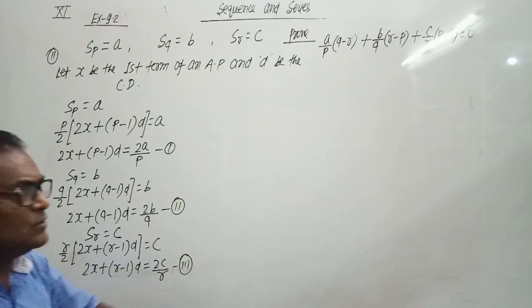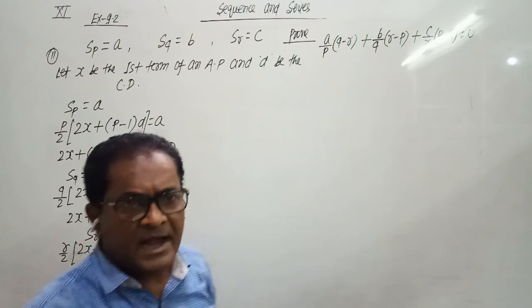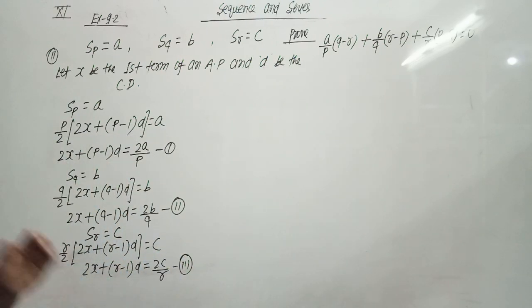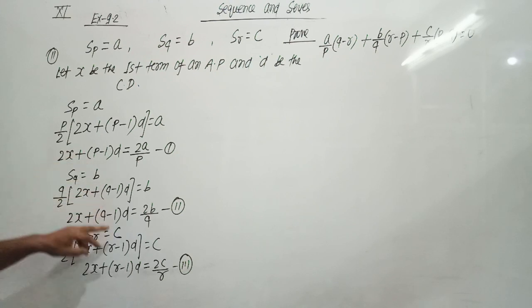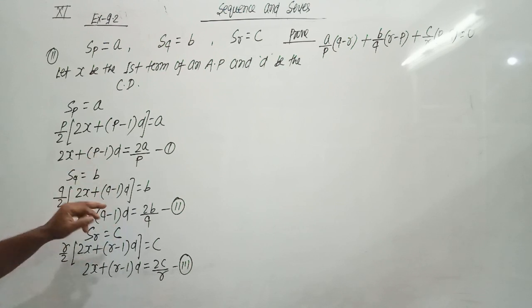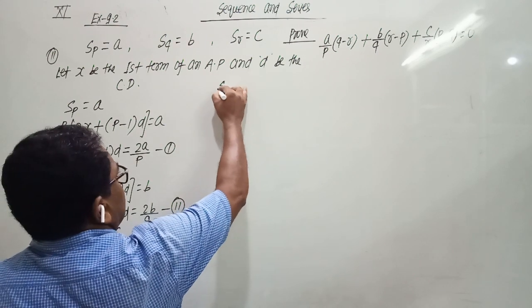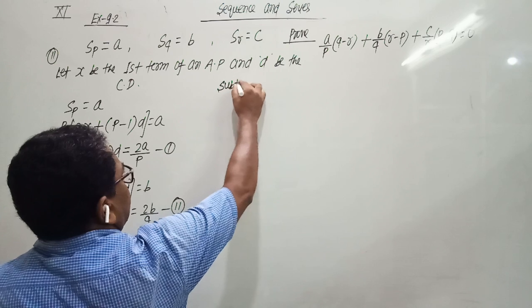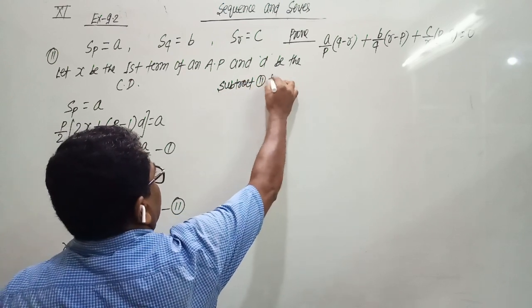Now we find the values of q − r, r − p and p − q. So subtract the second equation from the first equation, then we get the value of p − q.